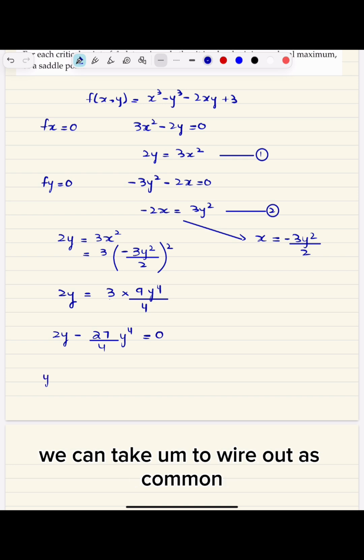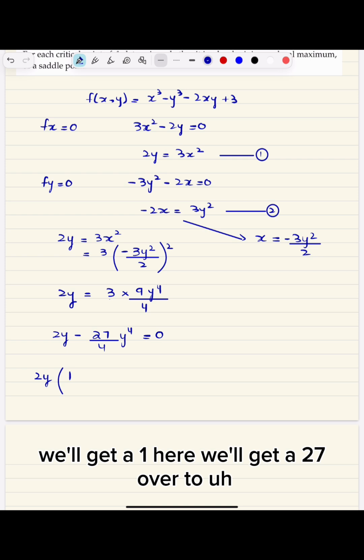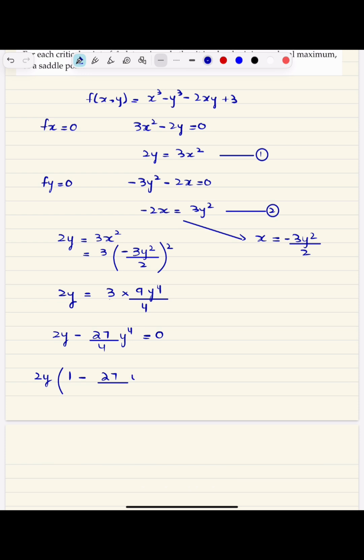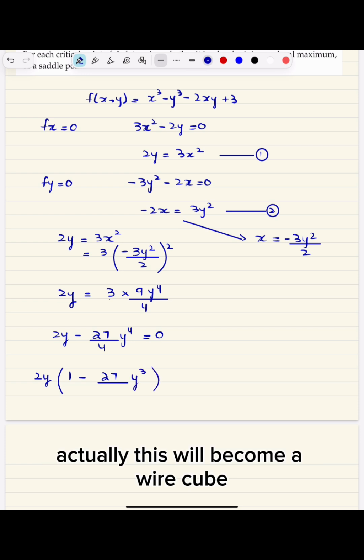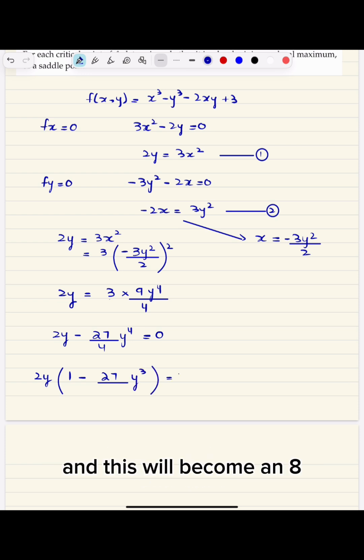We can take 2y out as common. We'll get a 1 here, and 27 over 8 y cube.